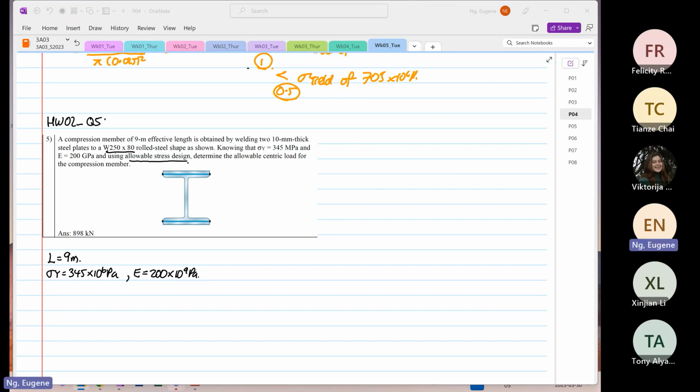I'm going through my textbook to get the information, which I've uploaded for you to download. So again, I will provide tables like this for you.